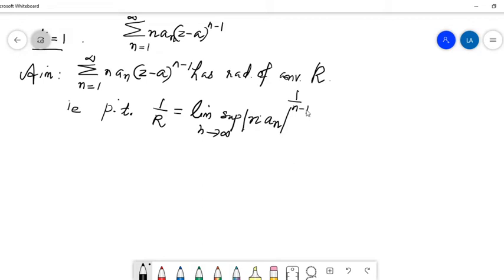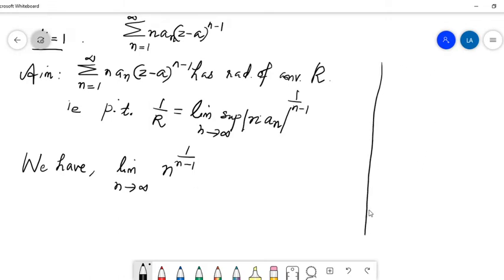So for that, we are first looking at something. Think about the limit as n tends to infinity of n raised to 1 divided by n minus 1. Now I'm drawing a column here, and I am letting 1 by n minus 1 be x.